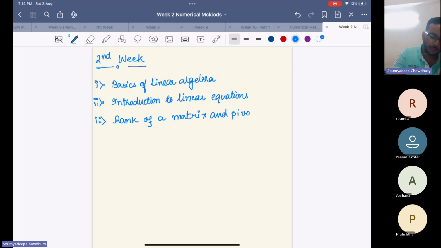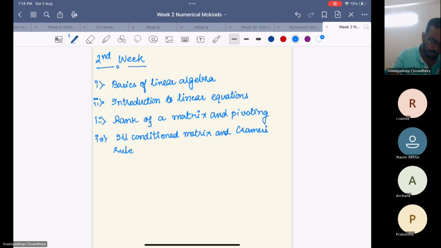Then we will see the pivoting algorithm. Then we will see the Gauss elimination technique and back substitution.